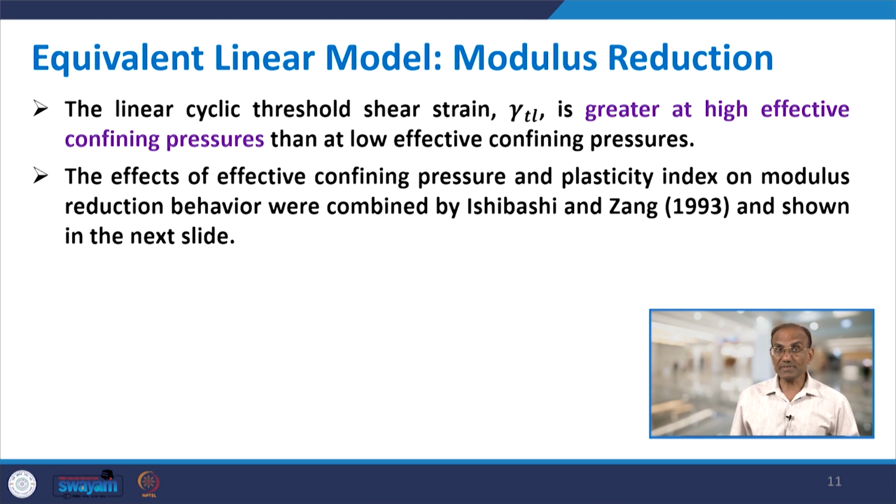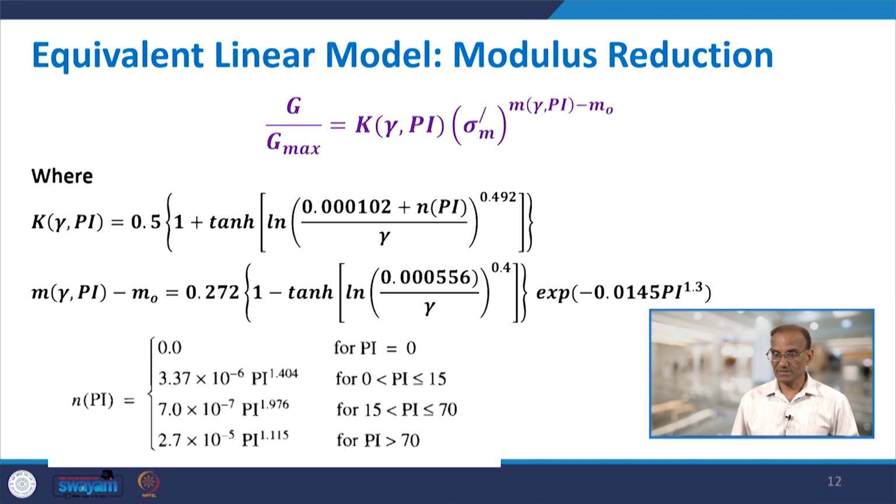The effects of effective confining pressure and plasticity index on modulus reduction behavior were combined by Ishibashi and Zhang, as shown here. This slide is for the G by G max curve. It gives an equation to find the value of G by G max if you know the level of strain, the PI and the mean effective principal stress.